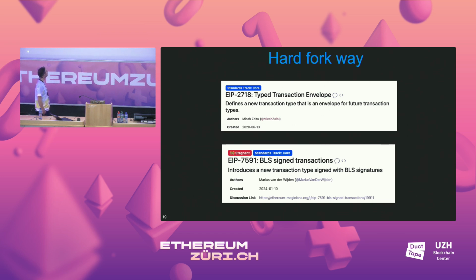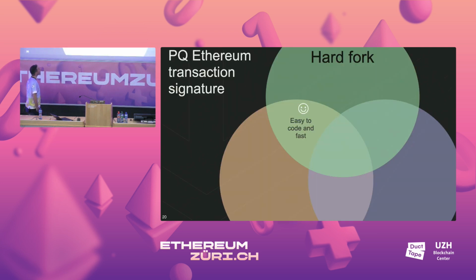This is only for people that follow the technicality of coding, but it's basically doing a new transaction type, and it's pretty easy. Indeed, one of the pros of using a hard fork to do Falcon as a replacement of ECDSA is that it's easy to code and fast, because it's going to be code that runs on the client software.